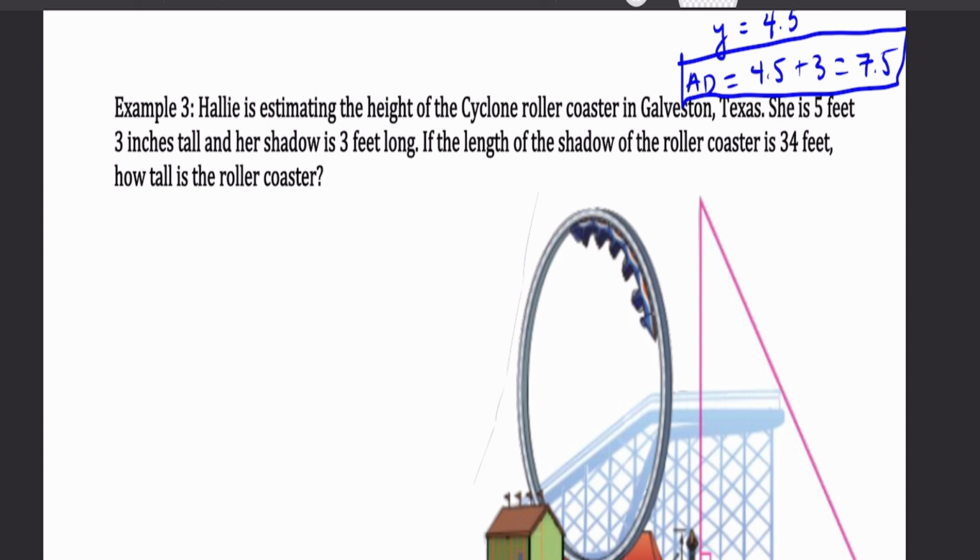We have the person who is 5 feet 3 inches tall, and then we have the shadow of the person, which is 3 feet long. And then if we're talking about the roller coaster, we know that the roller coaster's shadow is 34 feet long, but the question is, how tall is the roller coaster?